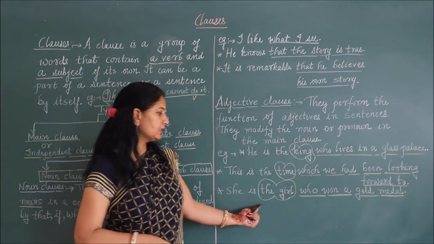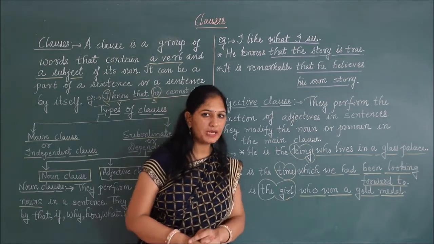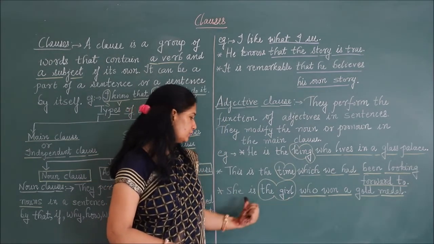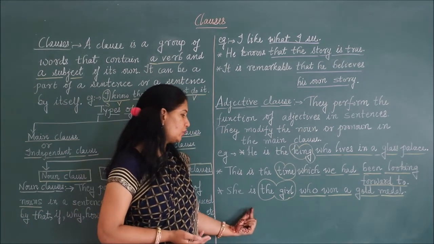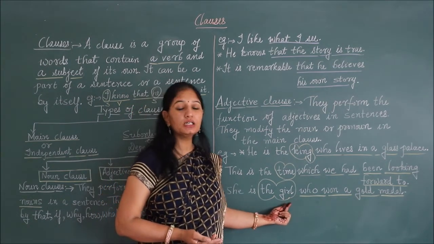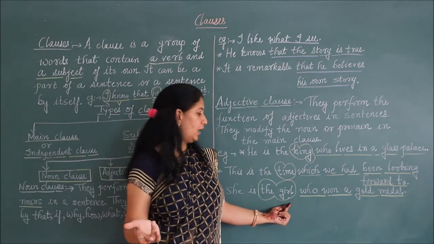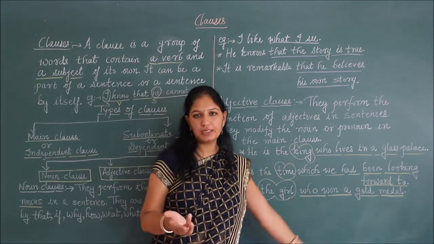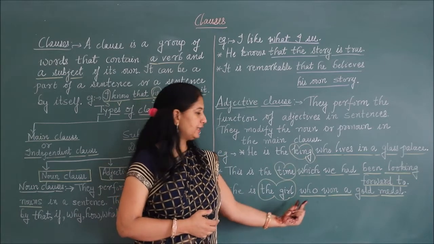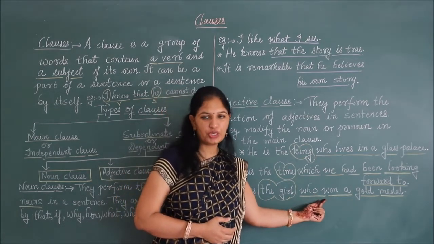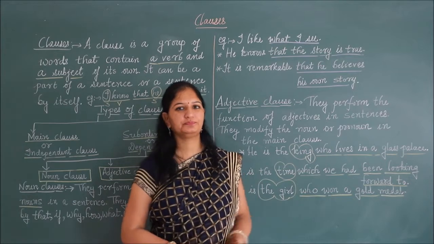Next, she is the girl who won a gold medal. Again, in she is, we have a subject and verb. So this is the first clause. Then the girl is a noun, and who won a gold medal, this clause is describing the girl. That's why it becomes an adjective clause.